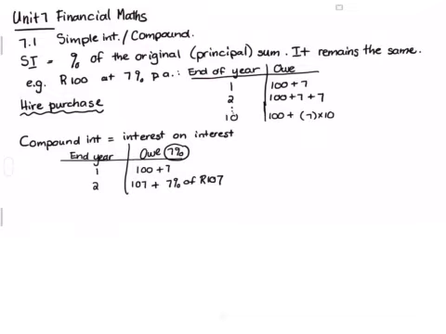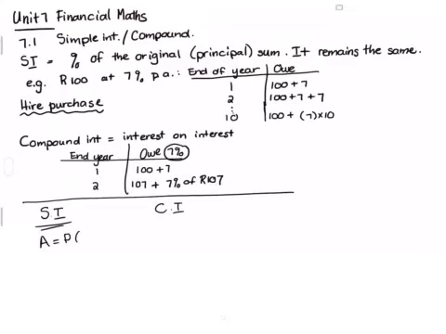Let's look at the formulae. For simple interest, A equals P times (1 plus I times N).